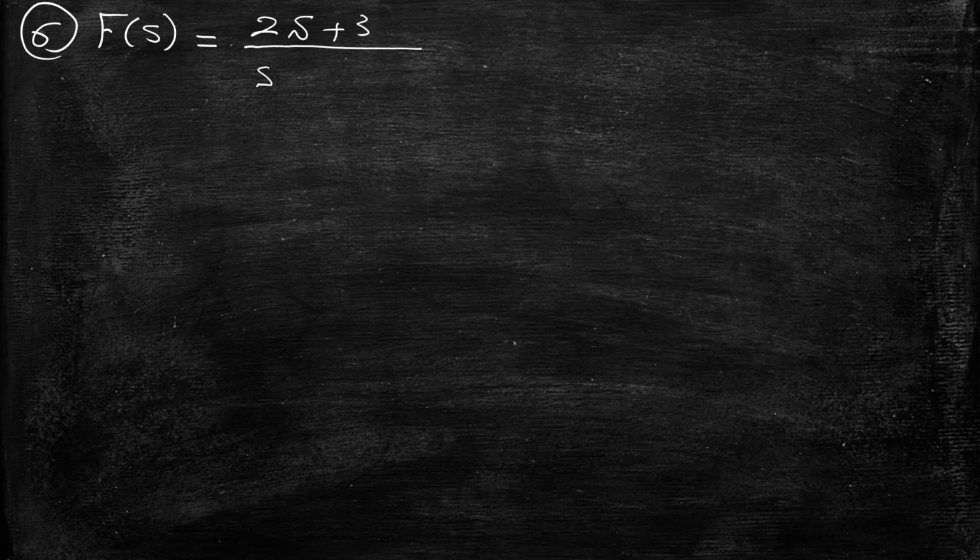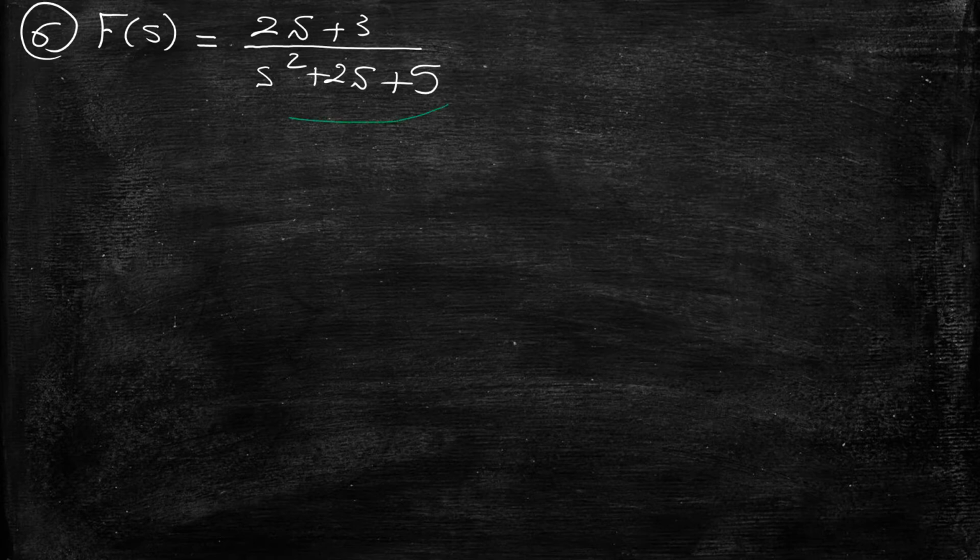Okay, let's move forward. So we have right now this F of s, and it's equal to s plus 3 divided by s squared plus 2s plus 5. And again, it's required to find the inverse of this function, so we need to find the inverse of the Laplace transform.